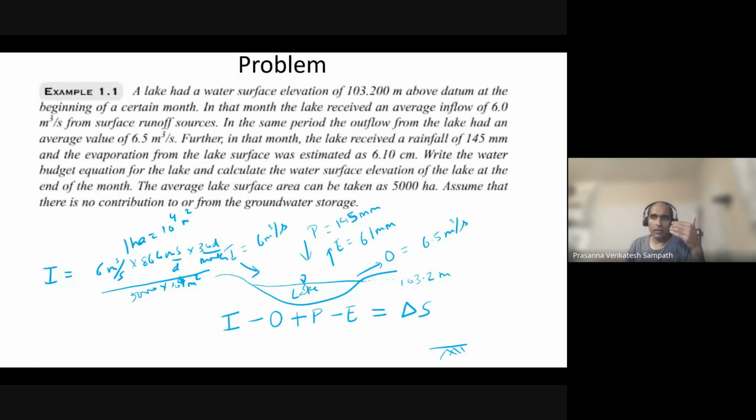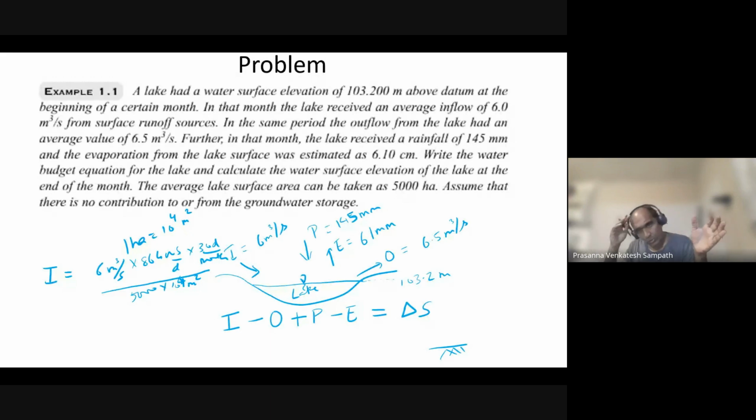If the delta S value turns out to be negative, that means the water surface elevation of the lake dropped. If it comes out to be positive, that means the water surface elevation has increased. If it's minus 0.1, you take that 103.2 and subtract 0.1 from it, and you'll get the new elevation. If it comes out to be positive, then you just add that number, 103.2 plus 0.1, whatever it is, and that gives you the new water surface elevation at the end.